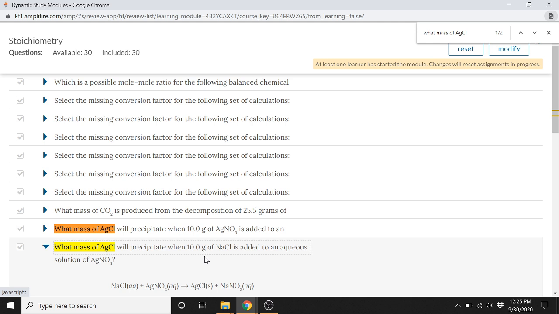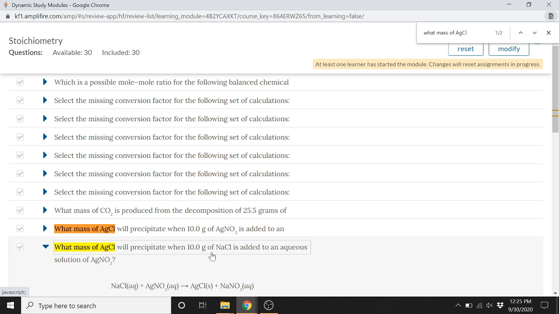That's what you're reacting and using up. And you've been given this reaction, right? So this reaction tells you how many moles of NaCl would give you moles of AgCl. That's what reactions do. And so is there a way to go from grams to moles?